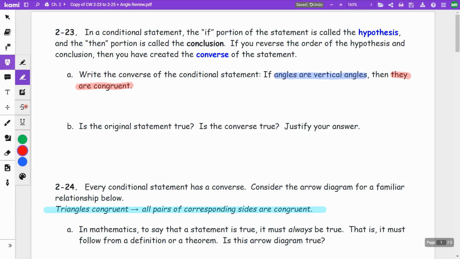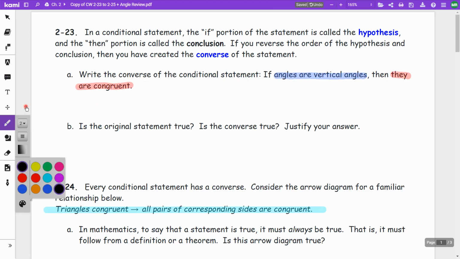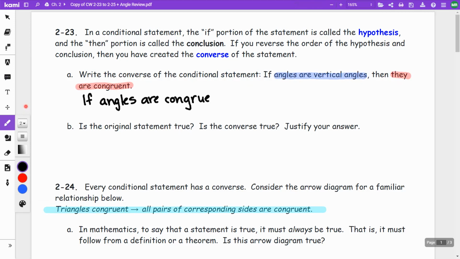So we're going to be flipping that around. So we're going to say if angles are congruent, then the angles are vertical.